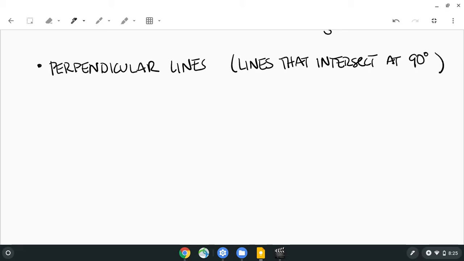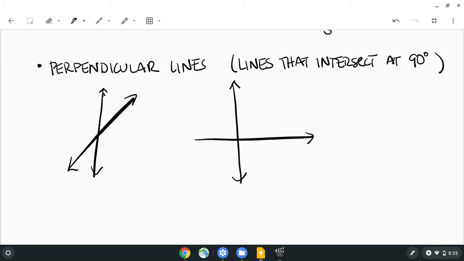Okay, so don't copy this down because I'm just going to draw you an example. Even though these intersect, they don't cross at a 90-degree angle. Perpendicular means they cross at a 90-degree angle. So like this. It has to be exactly 90 degrees, which is symbolized with that little box. Let me erase this.